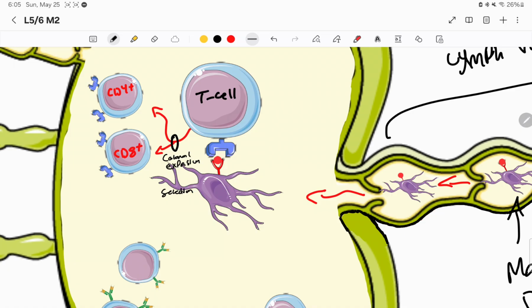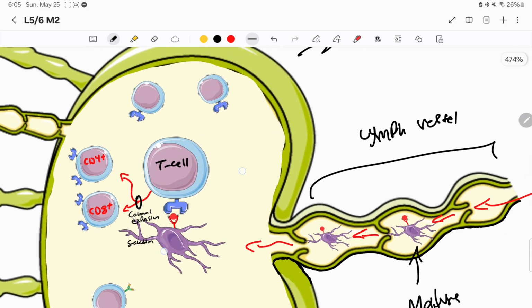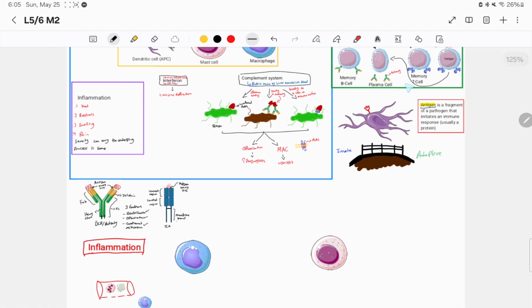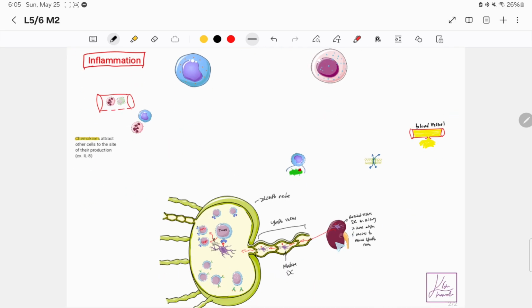Okay, same thing. And in this process, you guys obviously know that we'll make some memory T cells. Why would we make memory T cells here? Because if this same pathogen that activated this dendritic cell comes back, right? You know what's going to happen?